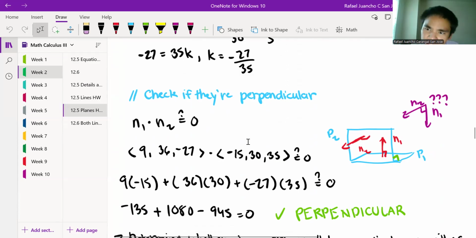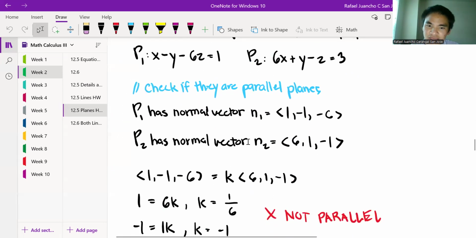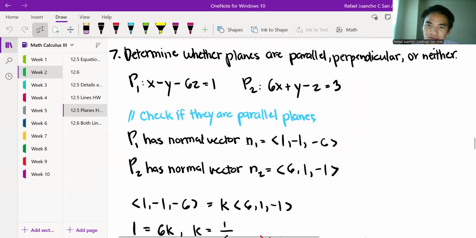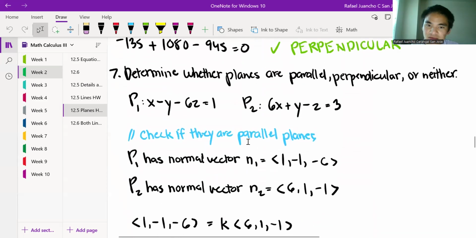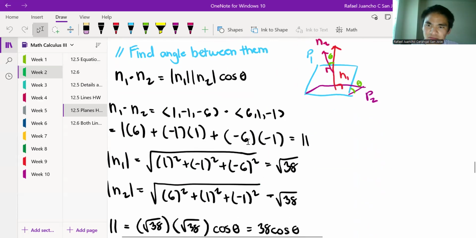my initial idea was, given those two planes, can we figure out what line it is? Did we do something like that? No, I don't think we did. Can we though? I don't think so.